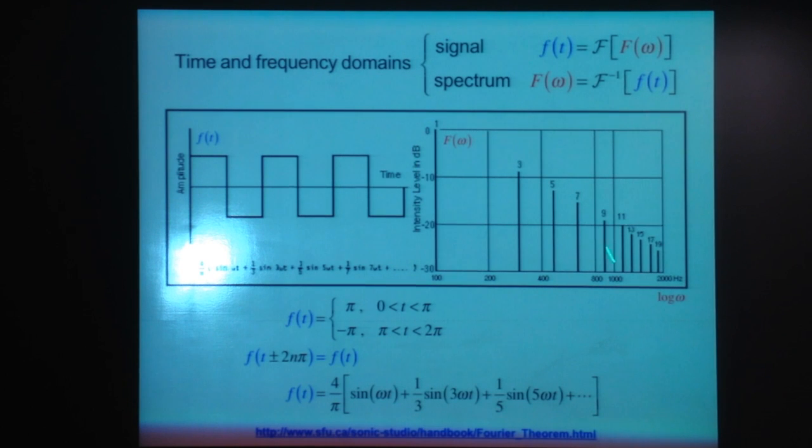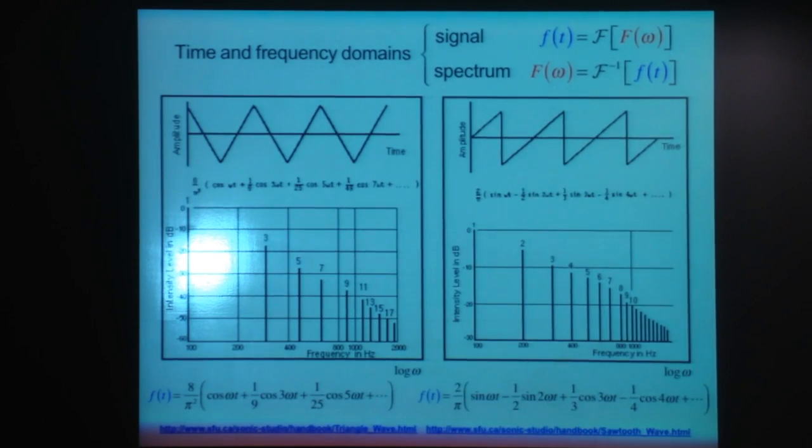Then this plot on the right is a tabulation of those corresponding frequencies, the Fourier coefficients that correspond to these several frequencies. So here we get the odd orders, 1, 3, 5, and so on.